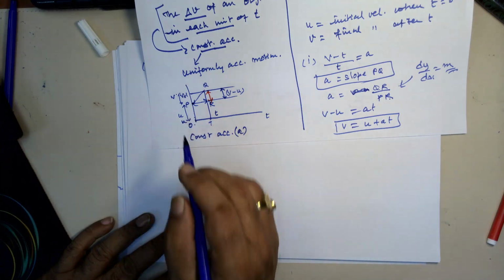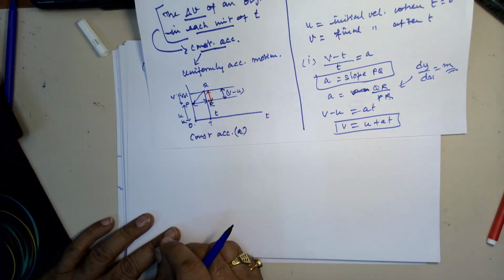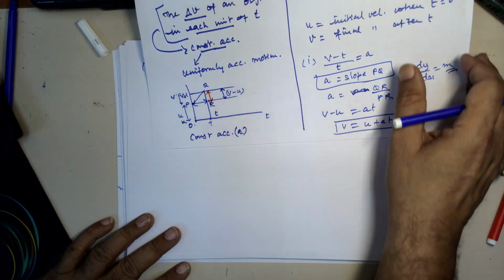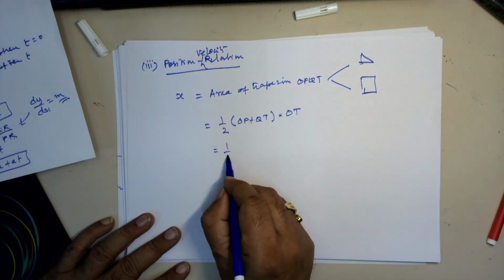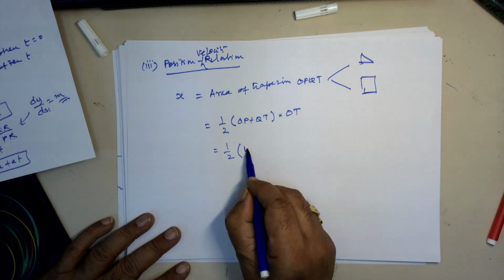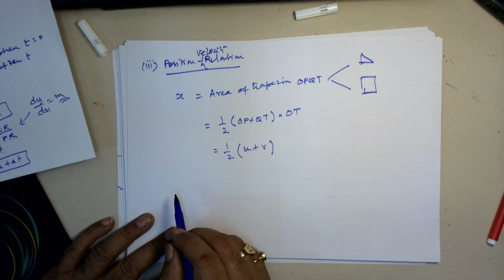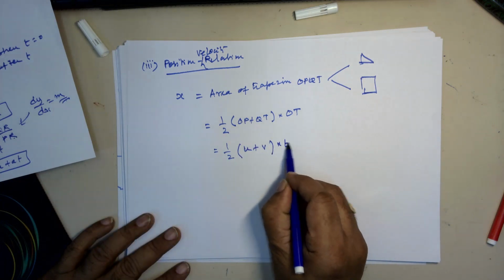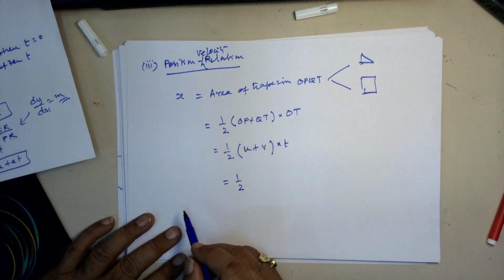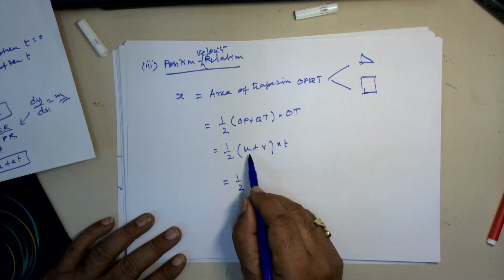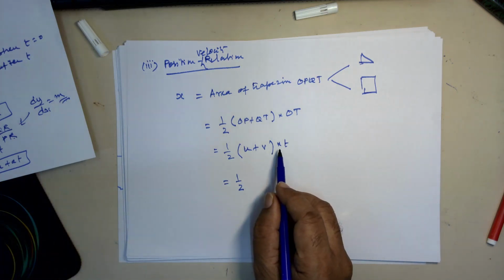OP is U. And what is this QT? QT is V minus U plus U. So we can straight away put U plus V, right? That is U plus V into what is this OT? T, right? Therefore, half into U plus V into T.